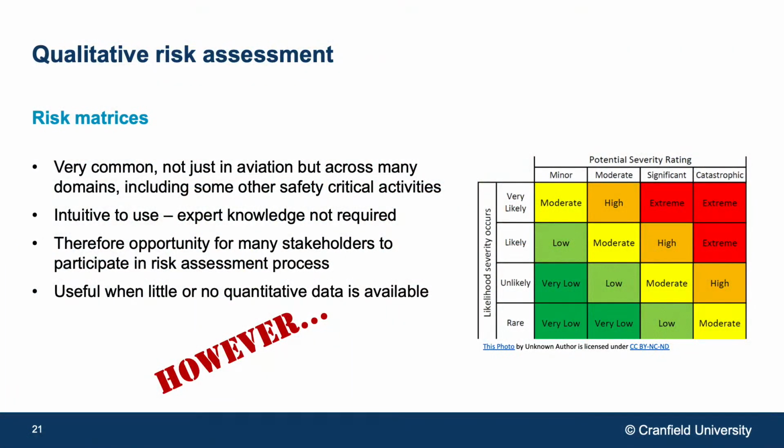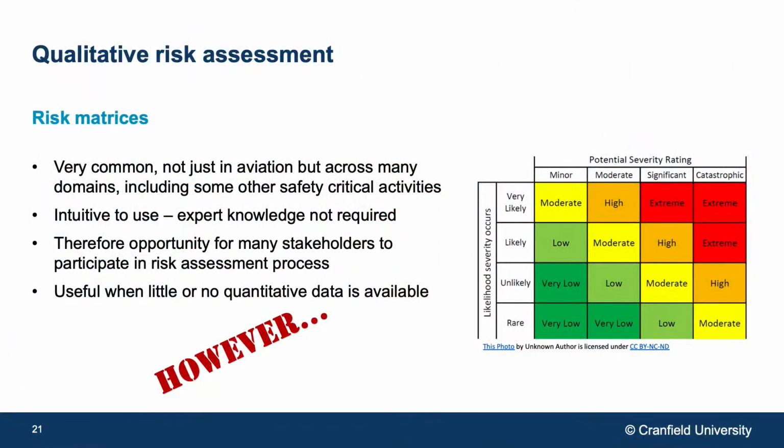I'm sure some of you have had experience of using risk matrices. They are ubiquitous. They are out there being used in all sorts of domains, not just in aviation, but across other safety critical activities too. You'll find them in nuclear, rail, other transport domains, petrochemical, all sorts of industries that undertake safety critical activities. They're really intuitive to use. So if I was to put a risk matrix in front of you now and ask you to risk assess something, you could use the risk matrix generally.